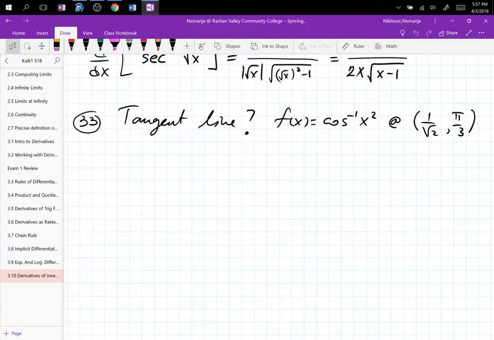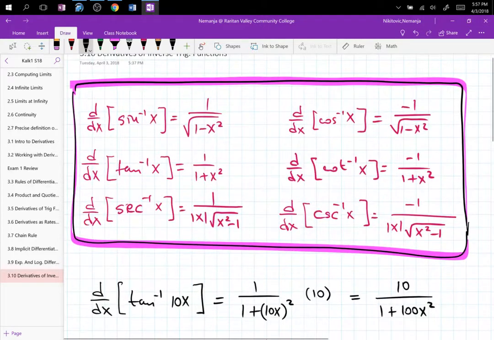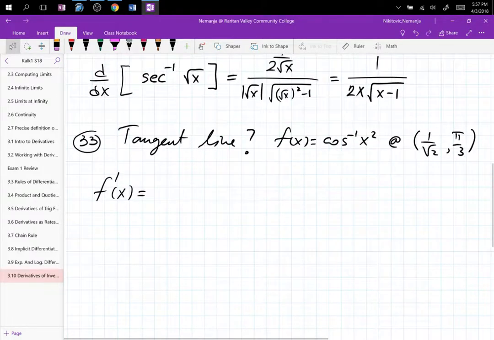Let's take a look. So the first order of business is to figure out the derivative. And the derivative for inverse cosine is -1 over, right? But we have to use the function.